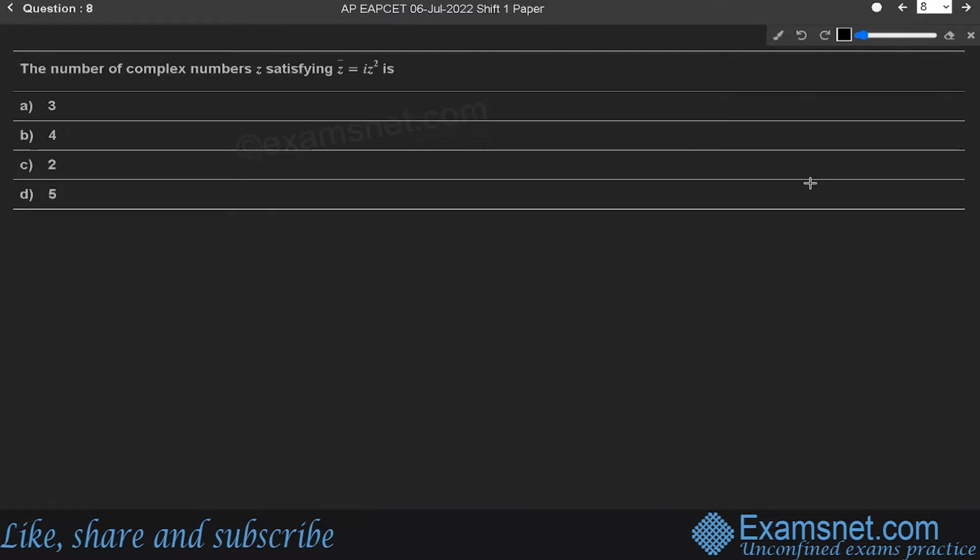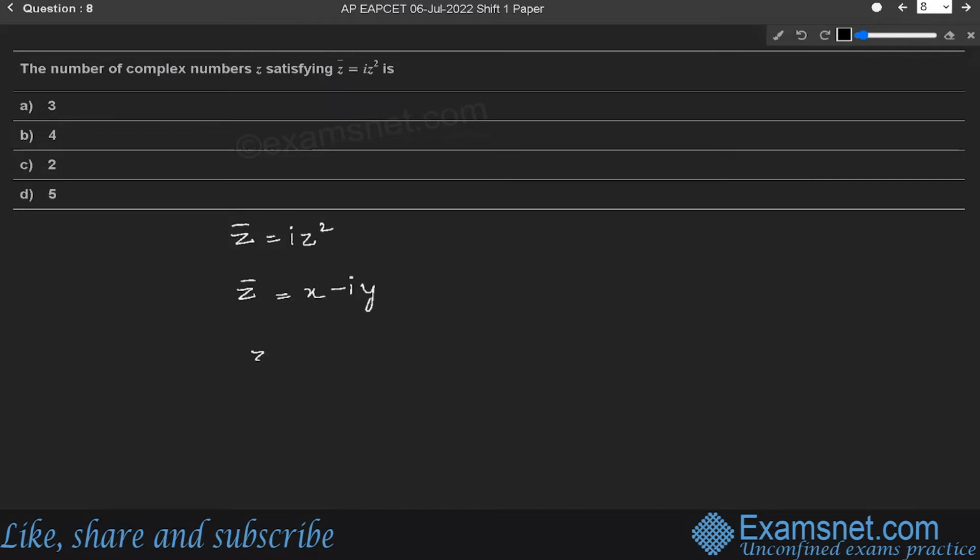Next question is the number of complex numbers z satisfying z bar is equal to i z square is. We know that conjugate of z is equal to x minus iy, and here it is given that z bar is equal to i z square.